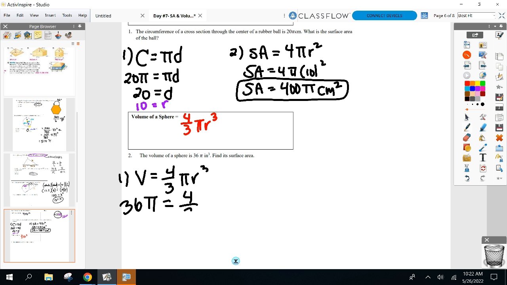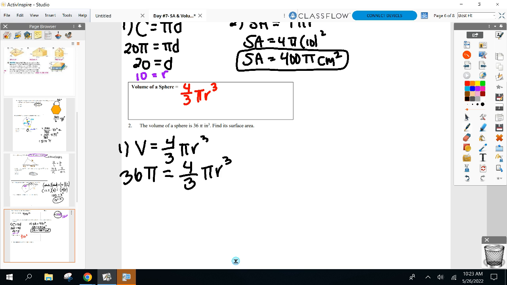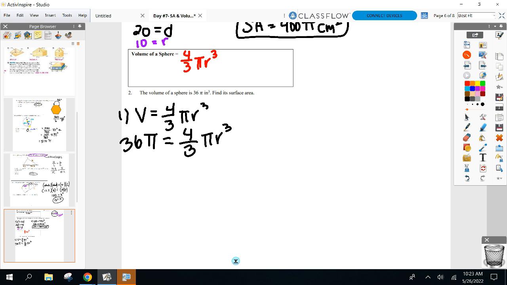And we need to figure out what the radius is now. What's going to cancel? Yep, pi's are going to be gone. So 36 equals 4/3 r cubed. What's your next move, algebra studs?